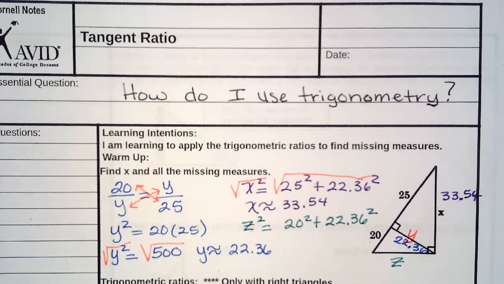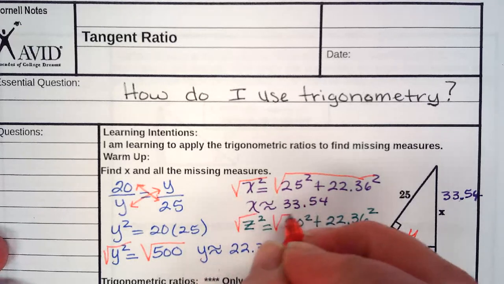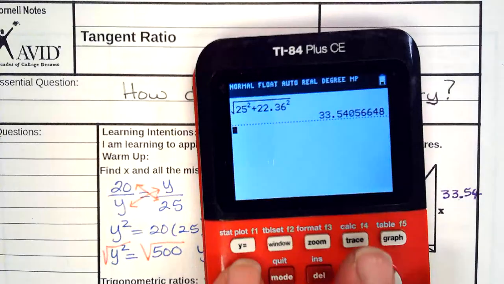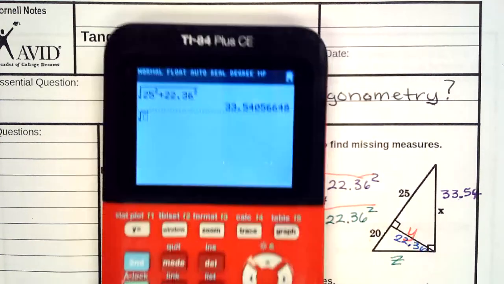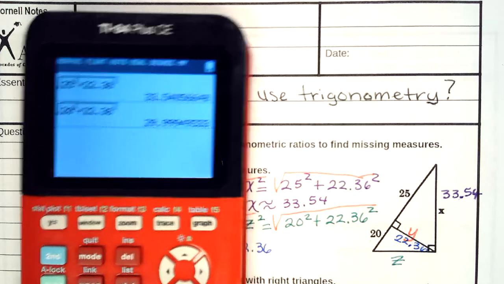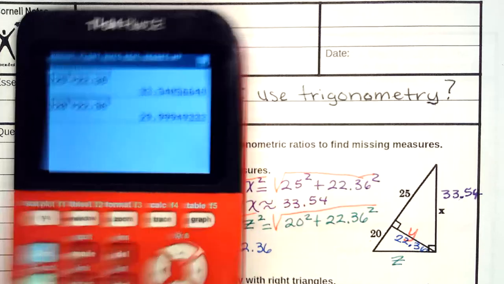The opposite of squaring is square rooting, and we end up with 29.999. That is about 30.